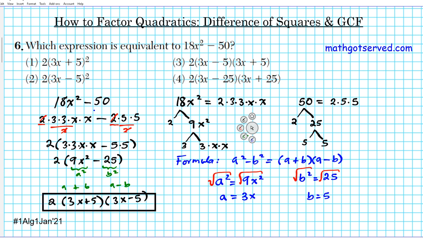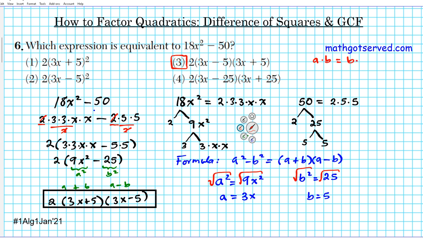Let's see which option matches this answer right here. So let's see. The answer is option number 3. Bam. Okay, so remember though that multiplication commutes. So a times b is the same thing as b times a. All right.